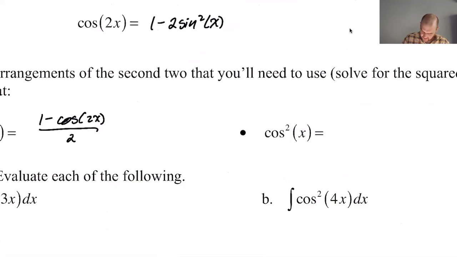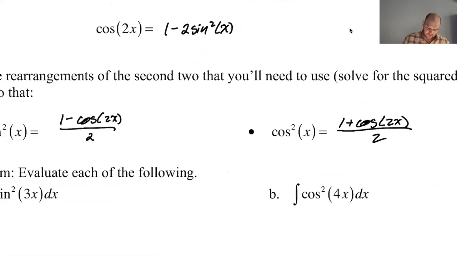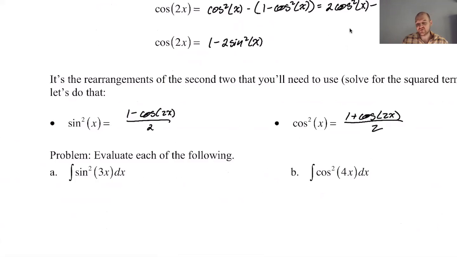And then here you would write 1 plus cosine of 2x over 2. The reason I write them that way is that I find it easier to remember. I feel like cosine should go with cosine, so the plus makes sense to me. I feel like cosine shouldn't really go with sine, so the minus makes sense. It's like a warning, like, why are you mixing them? But you can mix them. That's how I remember them, whatever.